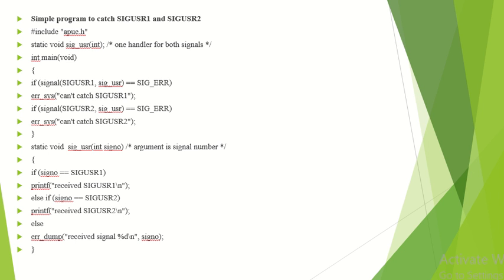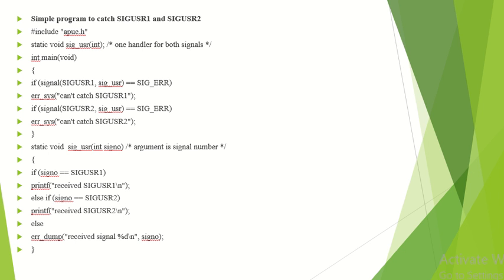If it is, then print can't catch SIGUSR1. Next we check signal(SIGUSR2, sig_usr) equal to SIG_ERR. If there is a problem, the error is can't catch SIGUSR2, meaning this sig_usr handler can't catch the two signals SIGUSR1 and SIGUSR2.